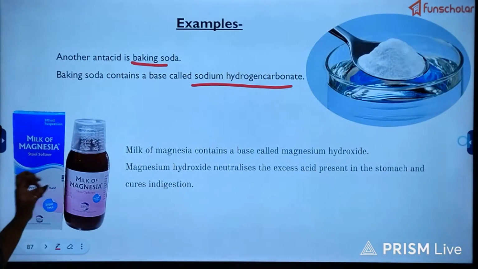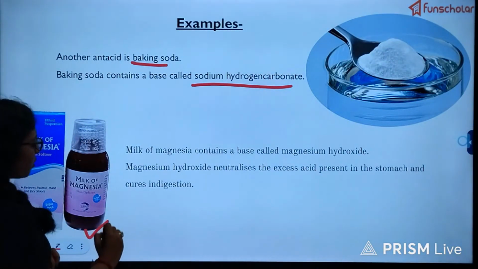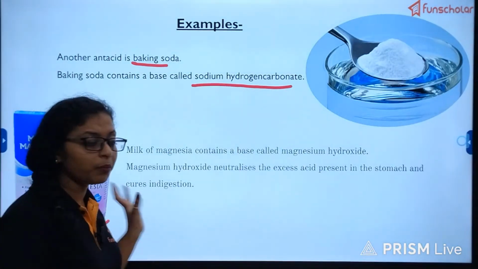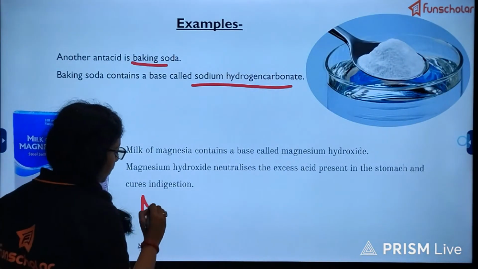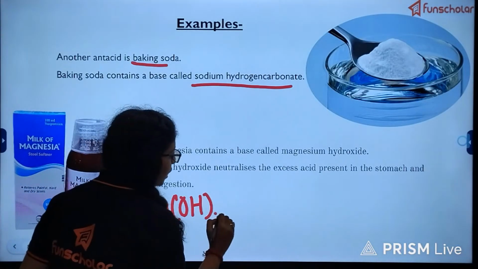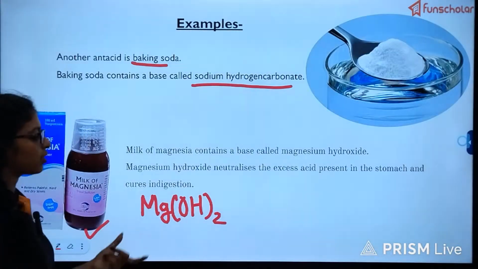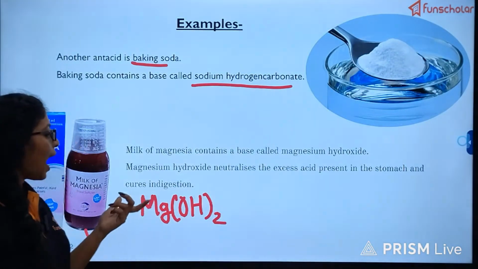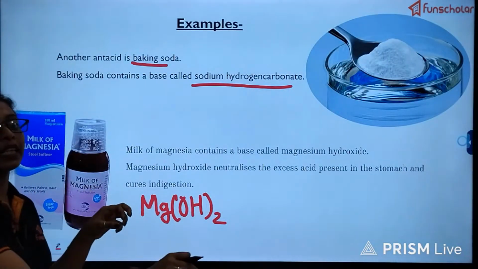Okay, milk of magnesia. We already got introduced to this term. What is milk of magnesia? Milk of magnesia is magnesium hydroxide. This is one of the mentionable examples of bases.